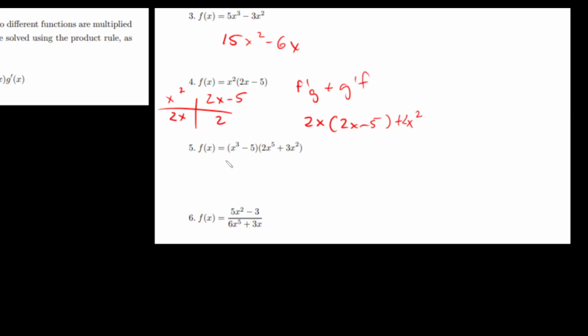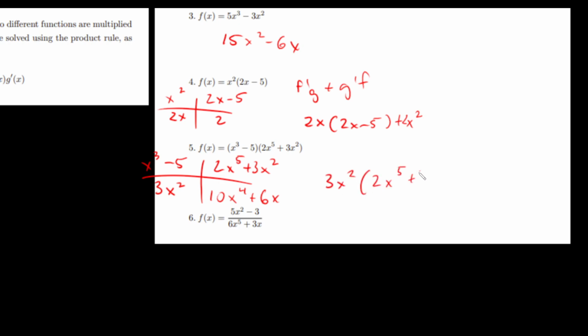Same thing. It's just the product rule, but a little more complicated. 3x squared, 2x to the fifth plus 3x squared is 10x to the fourth plus 6x. Then our derivative is this.